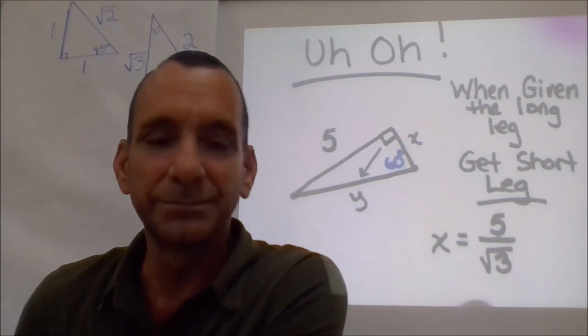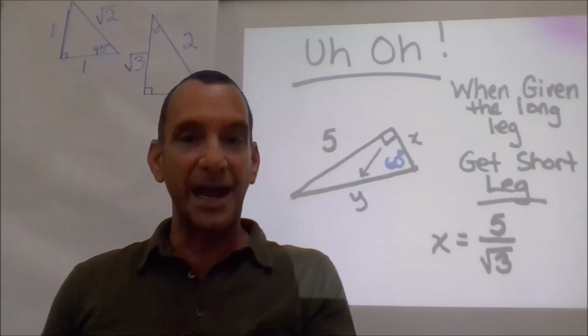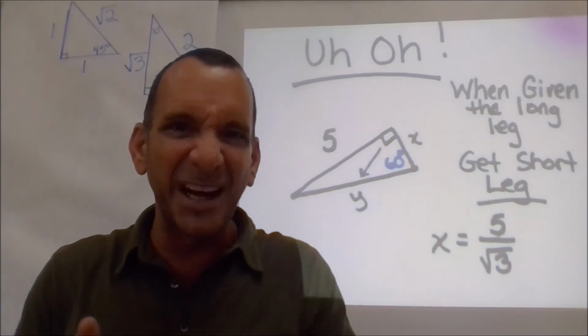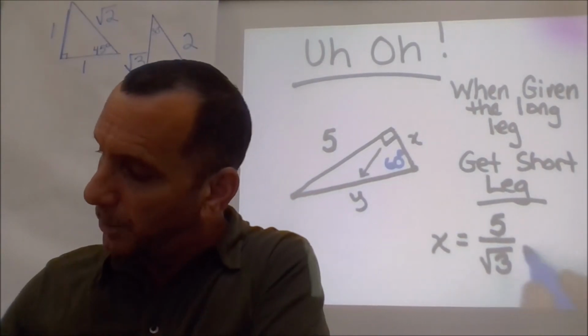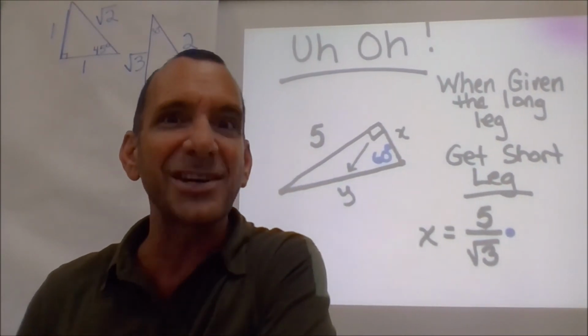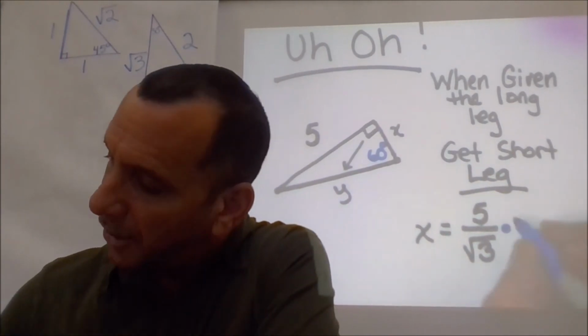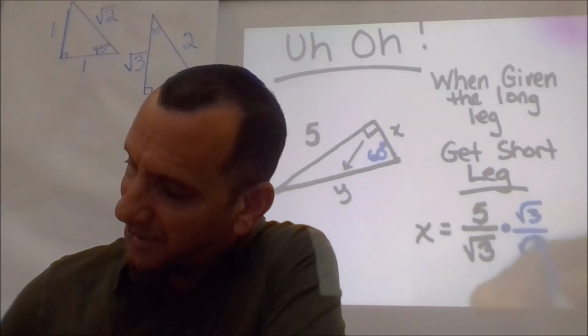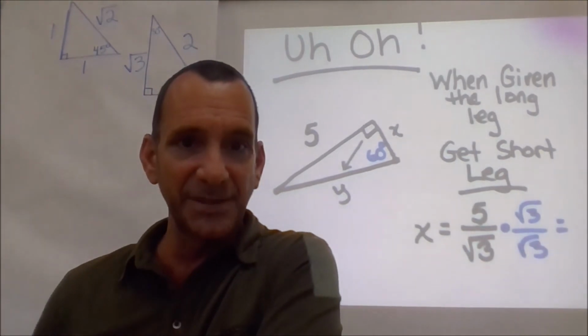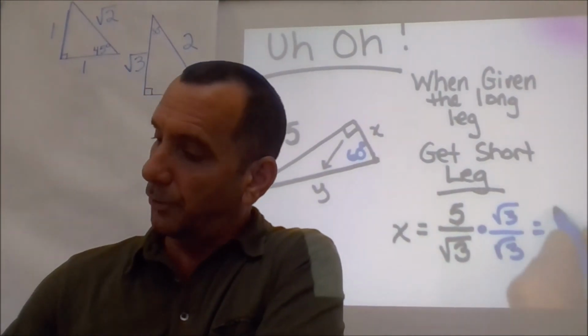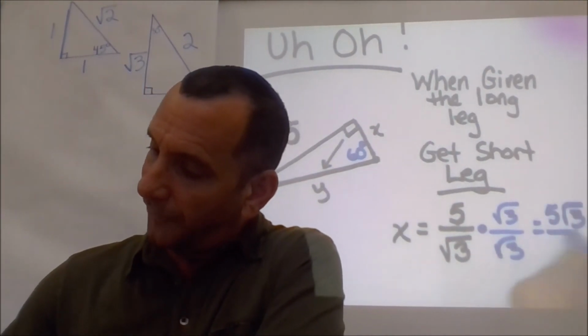Here's the uh-oh. We have a square root of 3 in the denominator. Well, it's not really that much of an uh-oh, because to get rid of that, we're going to rationalize the denominator. Here we go. Square root of 3 times the square root of 3, and that gives us 5 square root of 3 over 3.